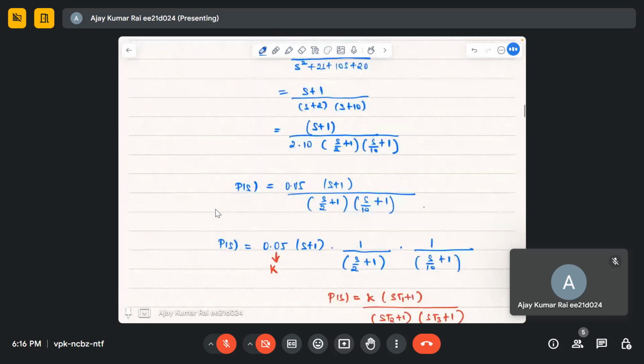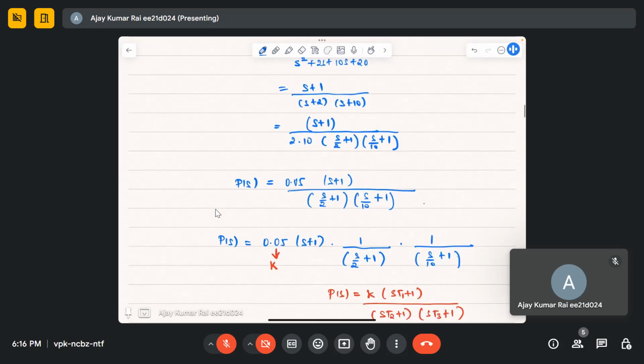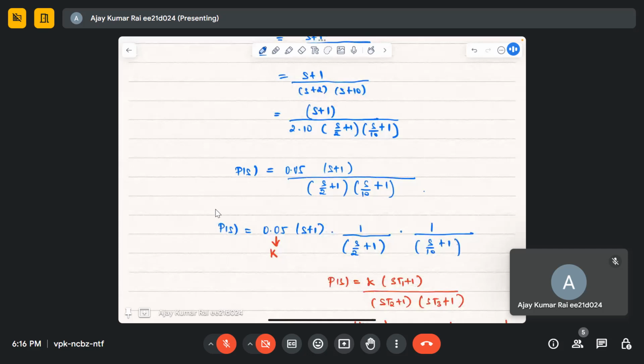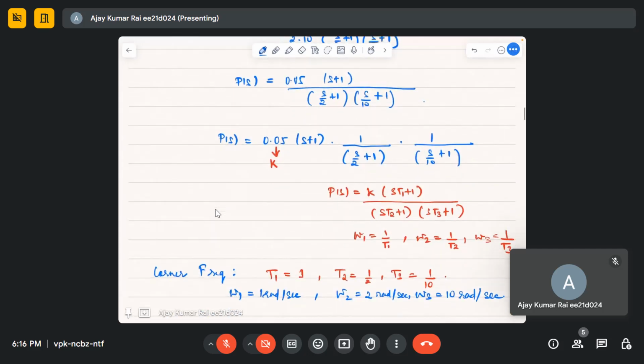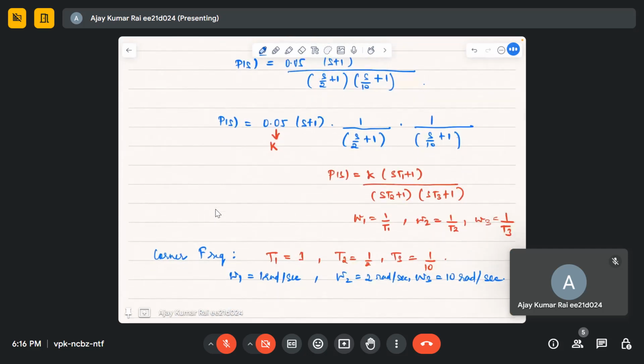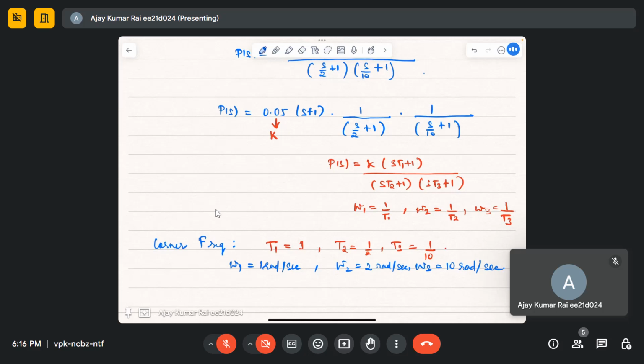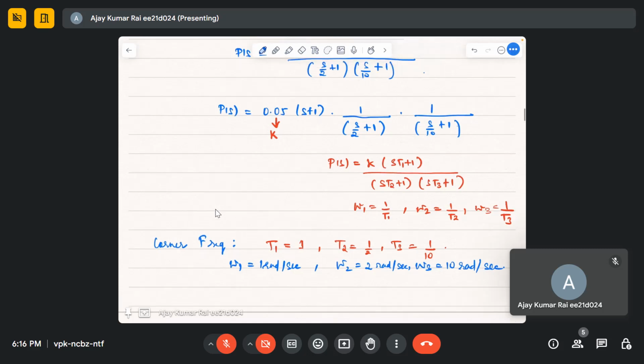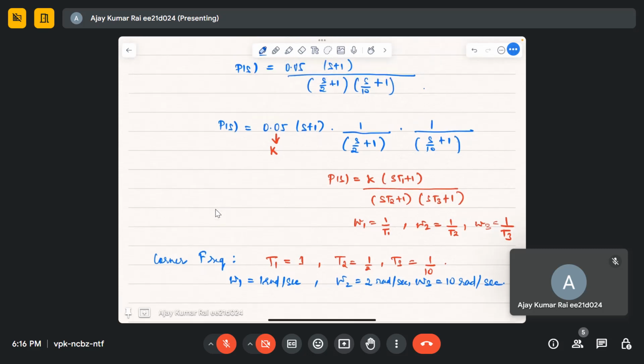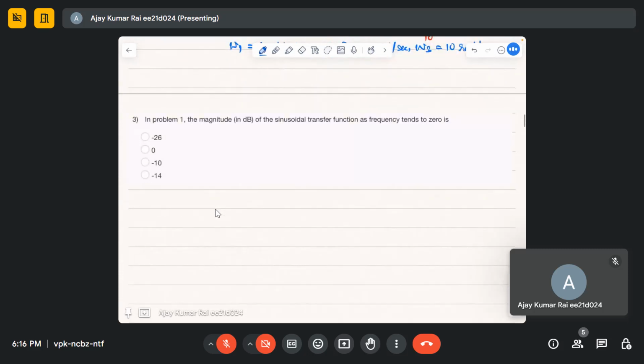For that I have taken 2 and 10 outside of the bracket, so my constant becomes 1/20, which is equal to 0.05. If I relate the red and blue transfer functions, I can get the time constants, and the inverse of the time constant is the corner frequency. Omega 1, omega 2 and omega 3 are 1, 2 and 10. Any doubt in this question? Very simple. Okay, go to the next question.